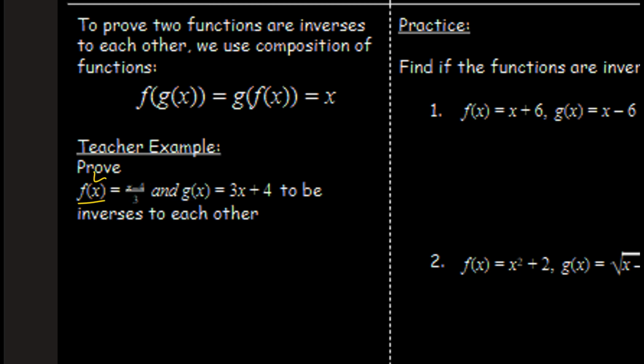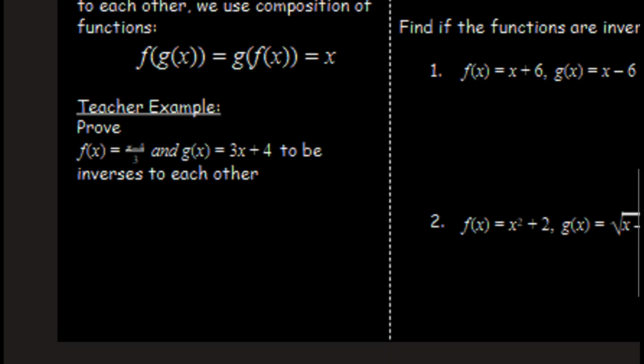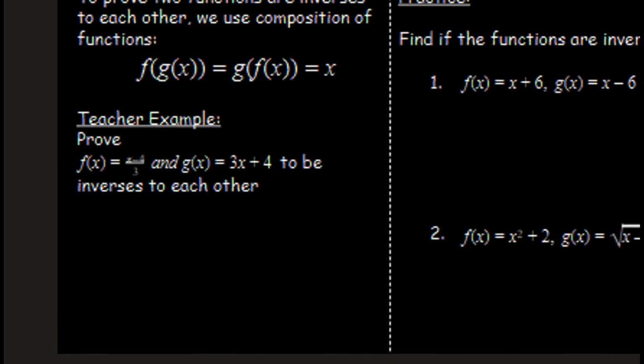So let's go ahead and try this one right here. I have f of x is equal to x minus 4 over 3, and g of x is equal to 3x plus 4. Looking at this, which one do you think is going to make our lives easier? Plugging f of x into g of x, or plugging g of x into f of x?